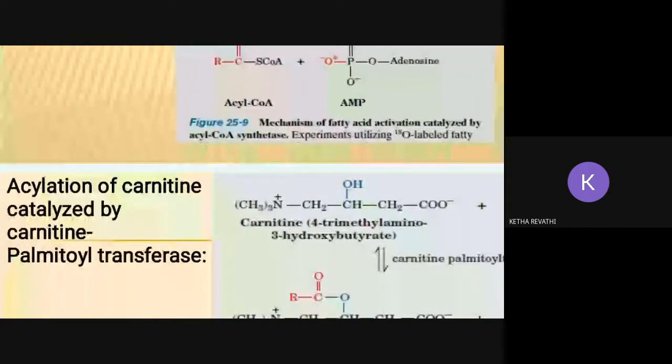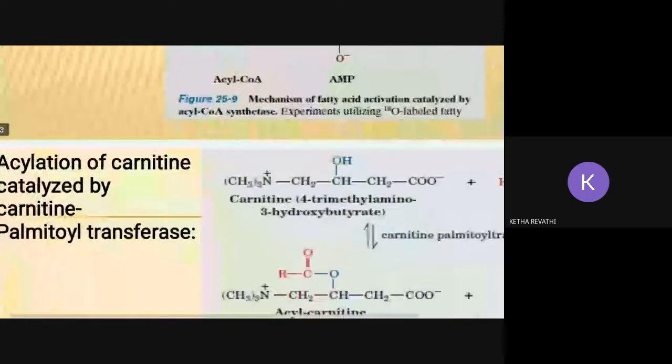Only when the R chain has 12 or more carbon atoms is carnitine protein required for the transfer of acyl-CoA. It indicates that carnitine protein is a carrier protein.